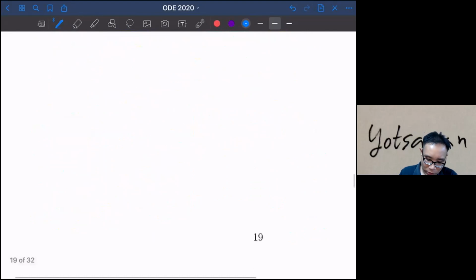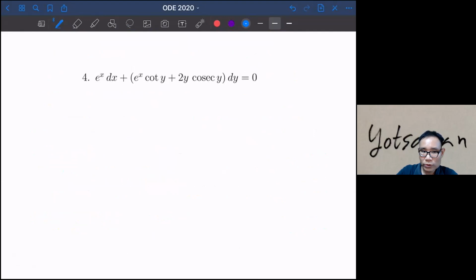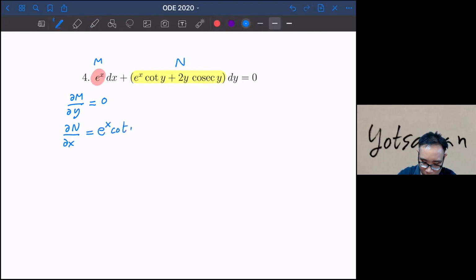I'm going to continue with number 4. You see that you have M and N written quite clearly. So this one will be M, this one will be N. You're going to compute dM/dy, which turns out to be 0, and you have dN/dx, which would be e^x cot y.